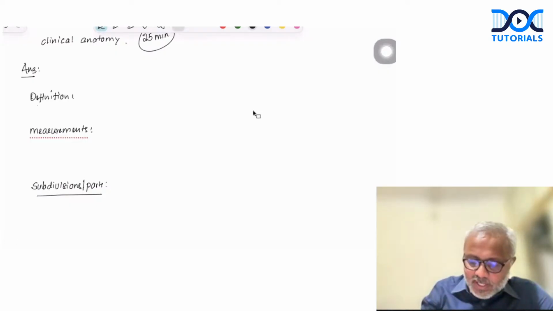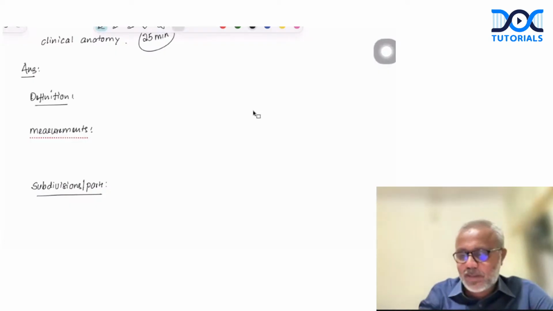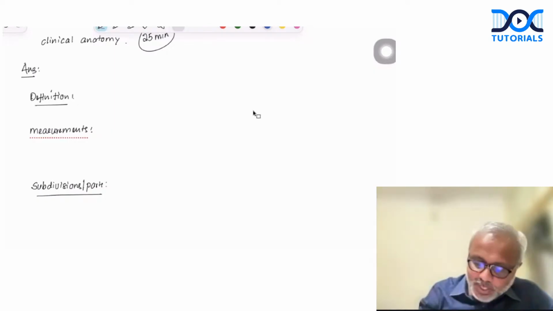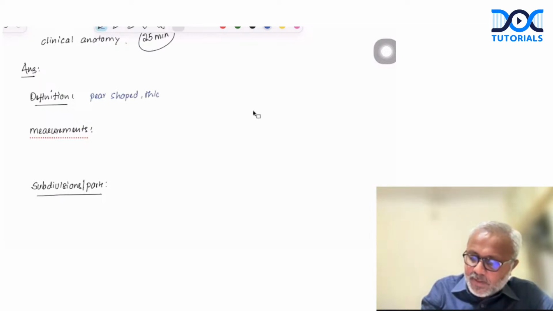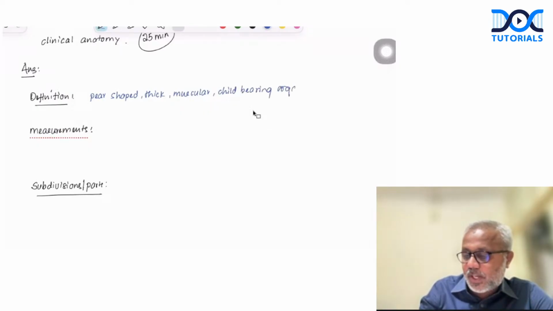The first thing you would want to do is start with the simple definition. Now, what is uterus? Uterus is a pear-shaped, thick, muscular, child-bearing organ located in the pelvic cavity, right?